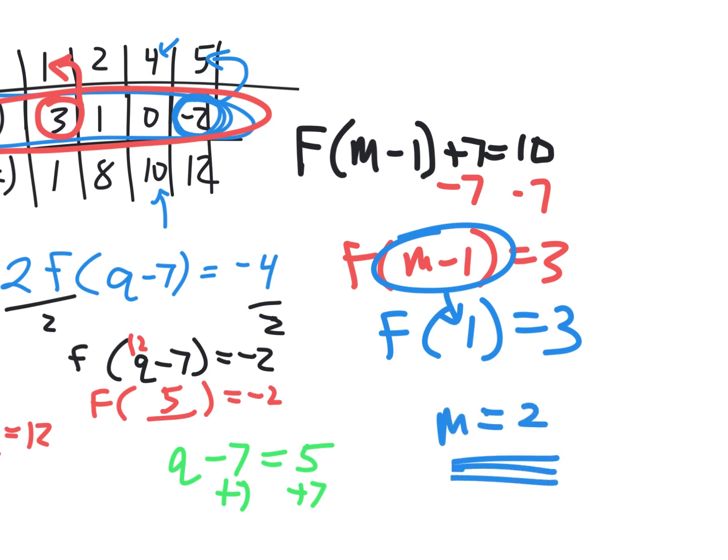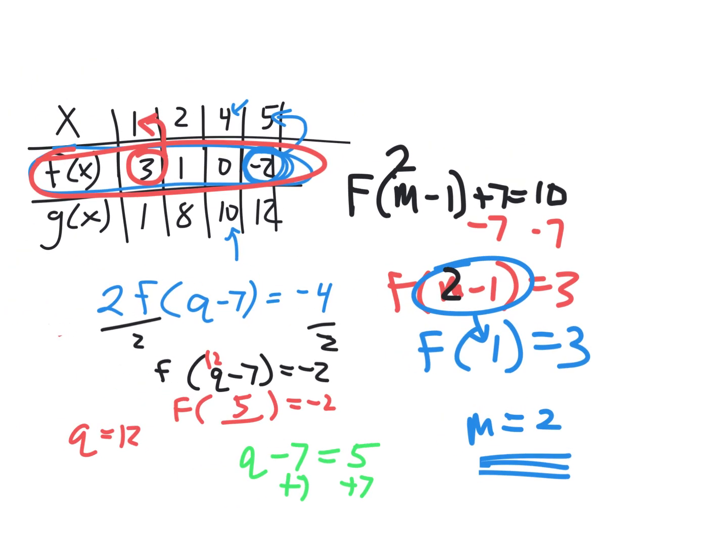Who had 2 for your answer on that one? Good. If you don't understand why, go stick the 2 back in and see what happens. If m is 2, then f of 1 plus 7, f of 1, which is 3, plus 7 will make 10. It works.